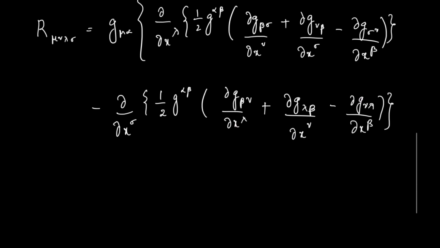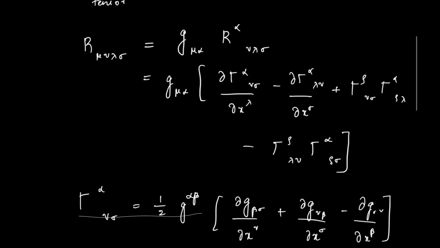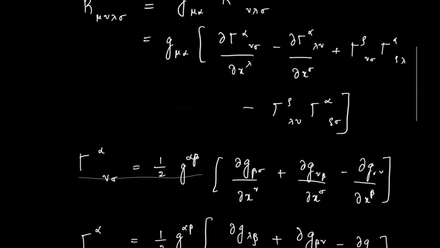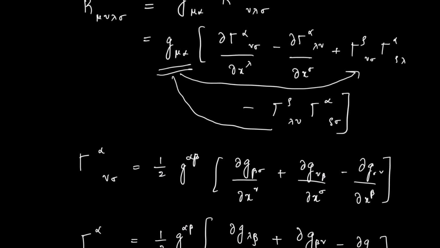Then the last term I am writing as it is. Here I am not substituting; I am just writing the Christoffel symbol as it is. I am substituting only in the first two terms. Then this g mu alpha which is outside, I have to multiply with each term.